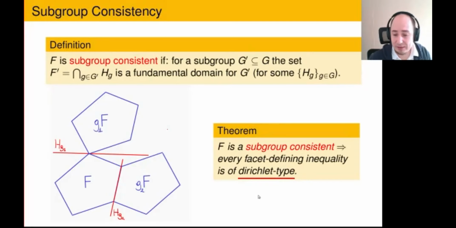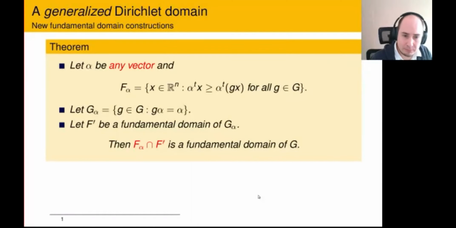It would be nice to say that all the facets ever appear in a fundamental domain of Dirichlet type, because this gives you a boundary of what you can or cannot construct as a fundamental domain. Okay, and also very briefly, one of the main results we have in this IPCO paper was that we can generalize somehow the idea of the Dirichlet domain and give a general construction, a little bit inspired by these geometric properties that we derived in the previous slide.